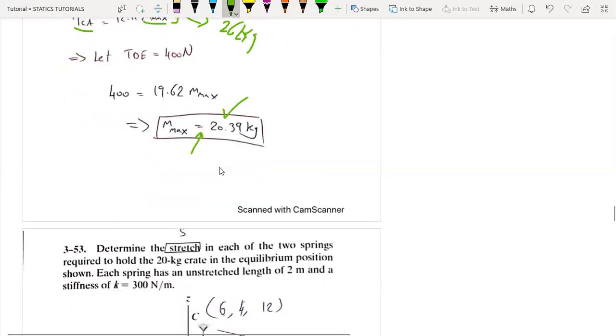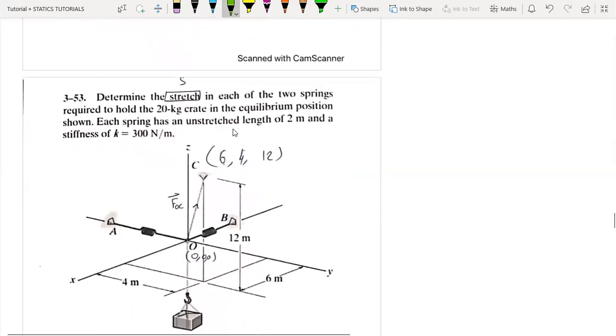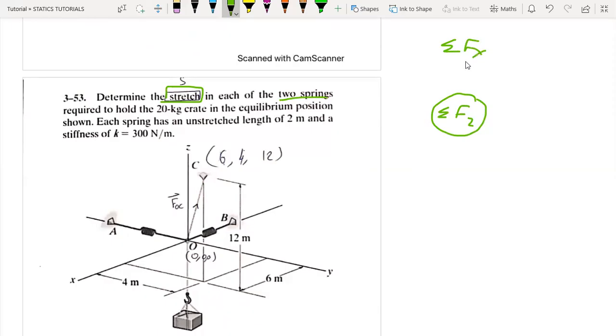Here we have a 3D problem. So the only difference is that we have summation of forces in the z direction. Here what's required is to determine the stretch S in each of the two springs. So don't worry, as usual, we will apply our three equations since we are dealing with a 3D problem.